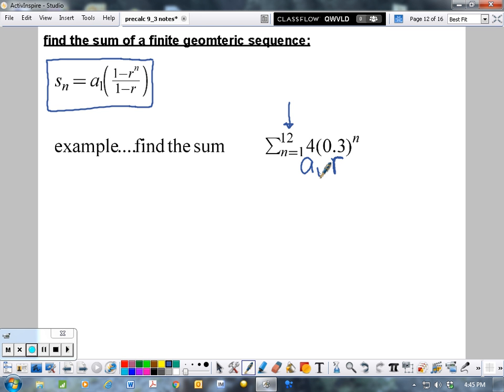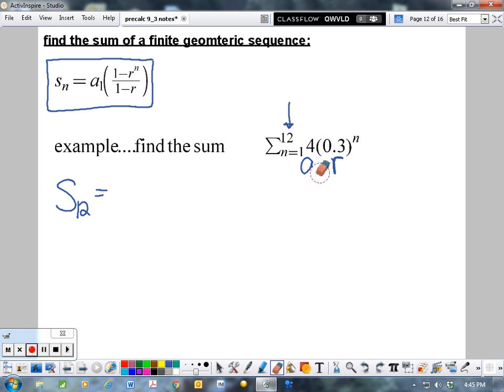So now if I want to find the sum of this, because for some reason I don't have one of the newer calculators that allows me to calculate sums, or if I just forgot where to find that idea, I can use this rule. So my sum of my 12 terms of the geometric sequence would be equal to my very first term. Oh, that's not my first term.